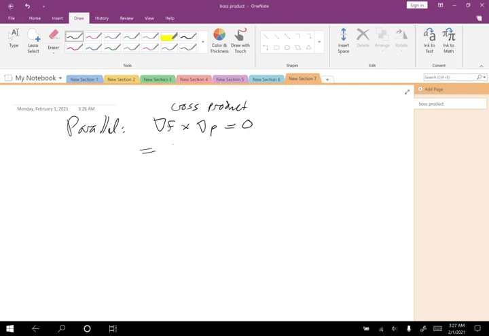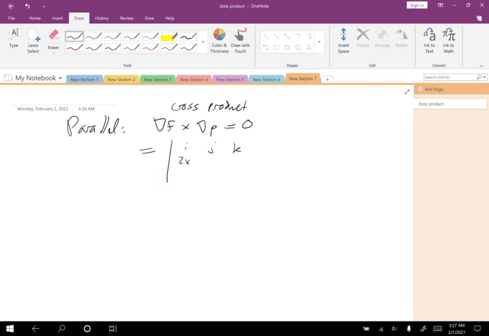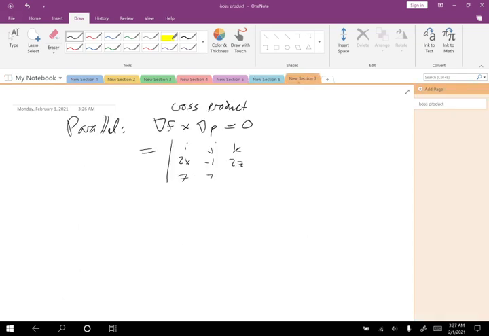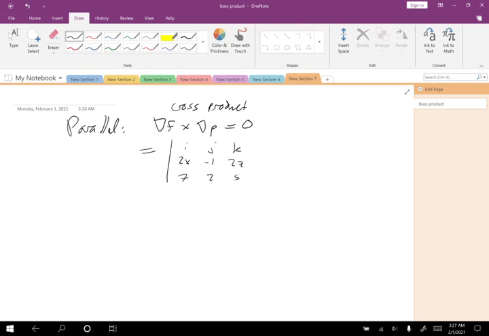So let's just do the cross product. It's pretty quick. If we go back to our vectors, we put 2x, negative 1, 2z, and we can put 7, 2, 5. Now we take the determinant.